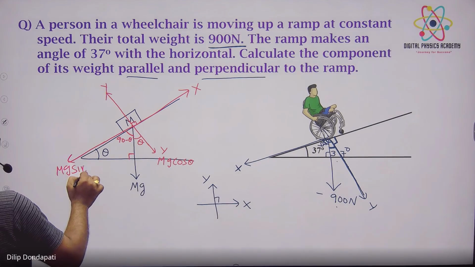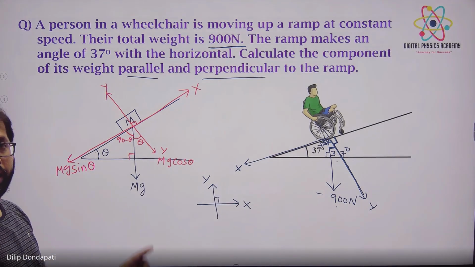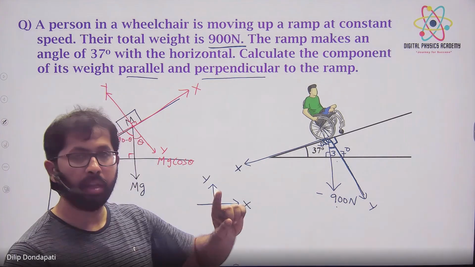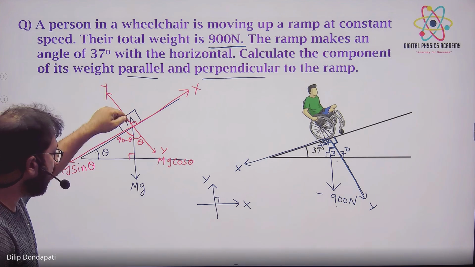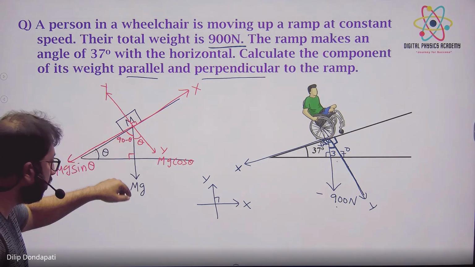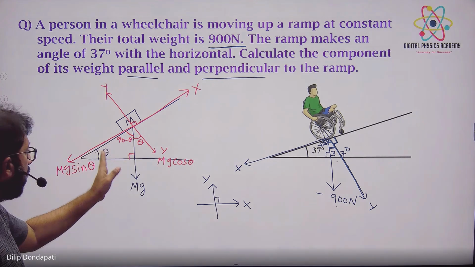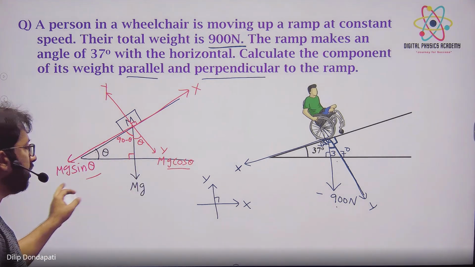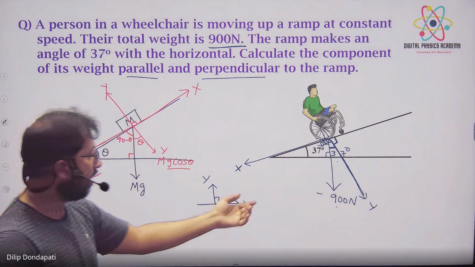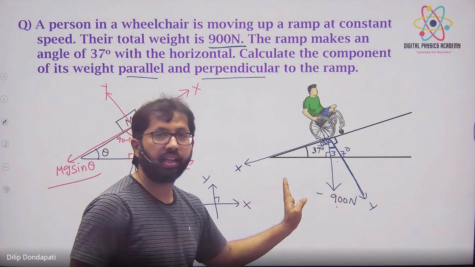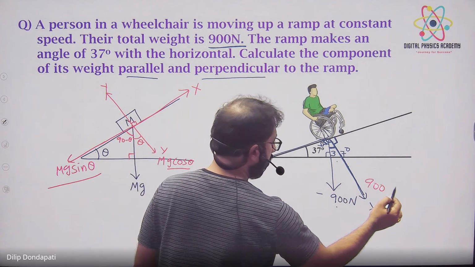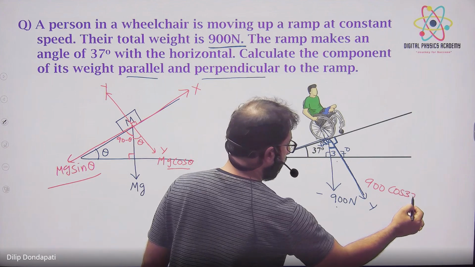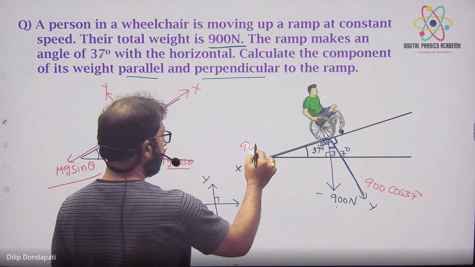Remember, in an inclined plane, whenever m is there, don't resolve mg again. Always along the y direction it is mg cos theta and mg sin theta. Here mg is 900, so its components will be 900 cos 37 and 900 sin 37.